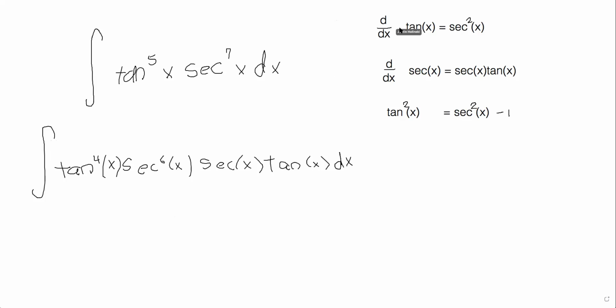Because we have a tangent to the 4th power, not a tangent squared, I'm going to square both sides of this equation. So we get this. Tangent to the 4th power of x is going to be secant to the 4th power of x minus 2 secant squared x plus 1.